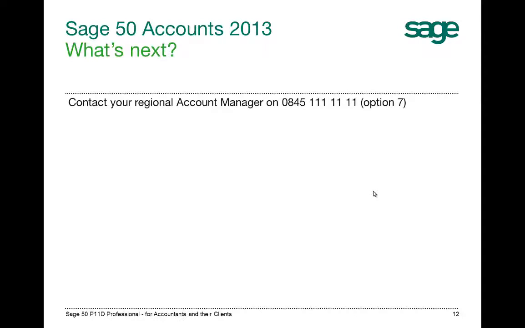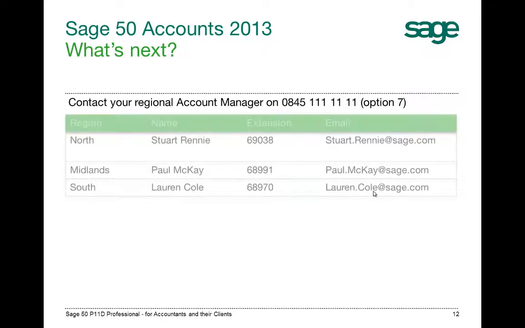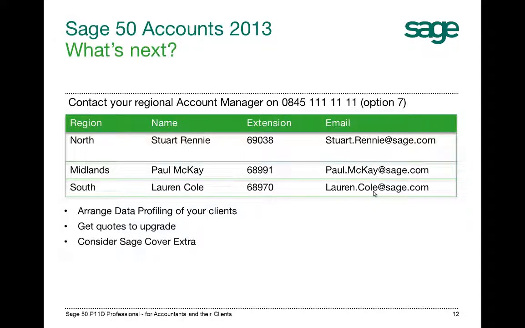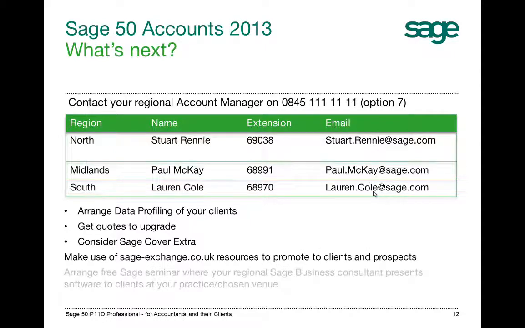So after today's session, what should you do next? Please give your account manager a call on 0845 111 1111. When prompted, please enter your account number as normal. And then when you get to the options, if you press number 7, you'll then be prompted to enter the extension number of your account manager, which are on the screen just now.